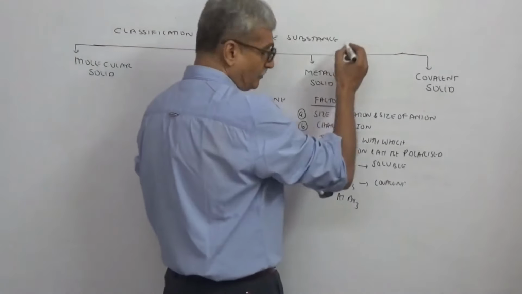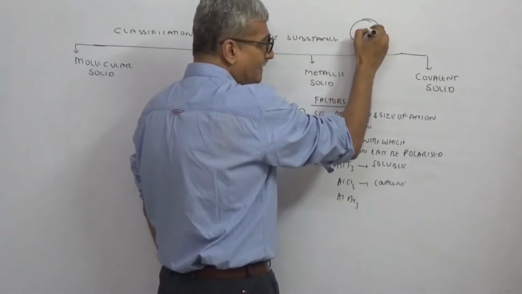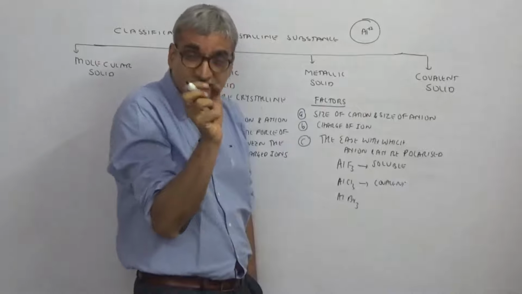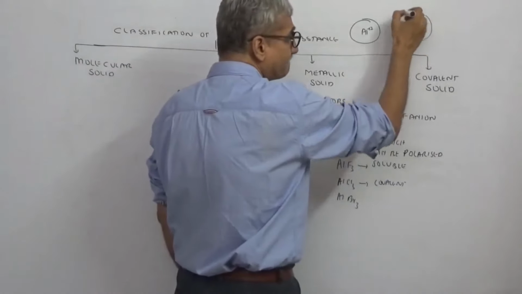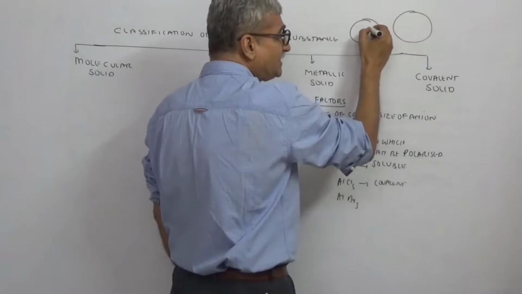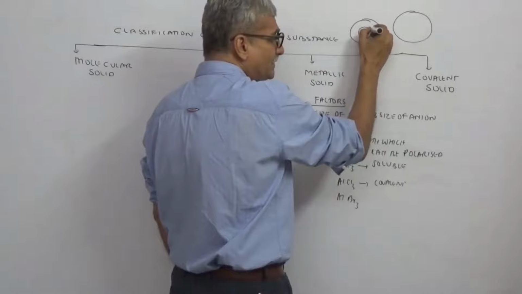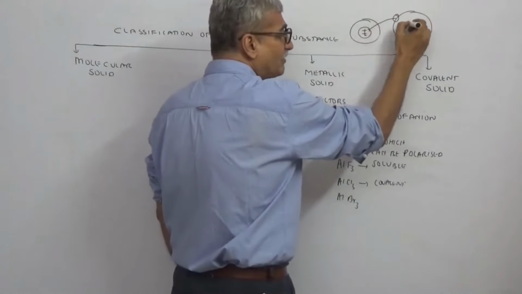Why is the covalent nature more? Because aluminium is plus 3. As the charge increases, the size decreases. And chloride is also big. So what is it doing? The protons of this aluminium are easily pulling the electron of the chloride ion.